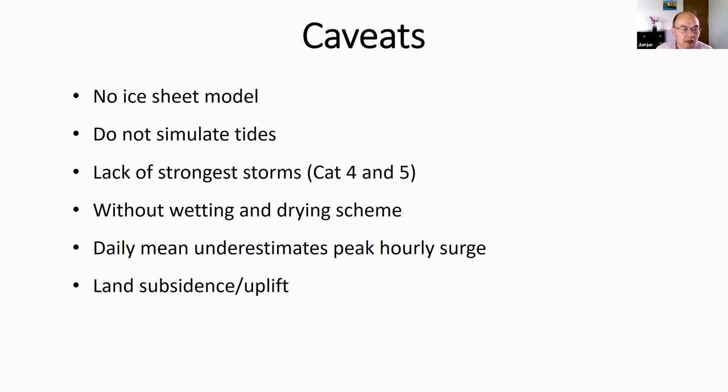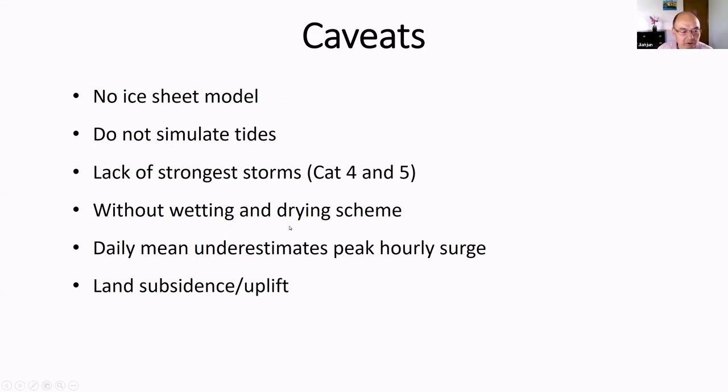And also the model does not simulate tides, so there's no tide surge interactions in the model. And also in CM4 and CM4 HR, there are no strongest storms like category 4, 5 hurricanes.